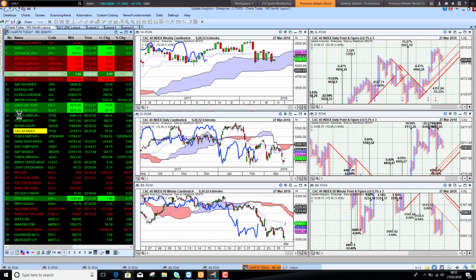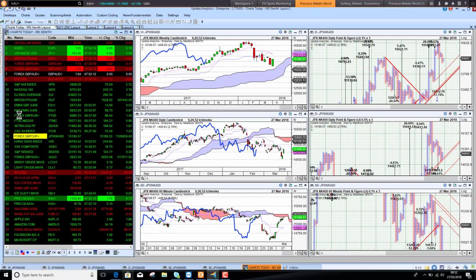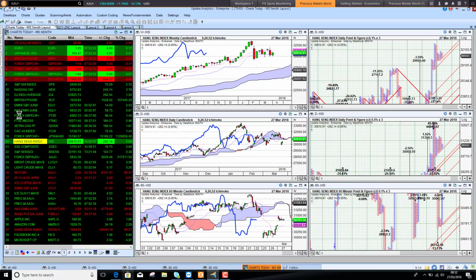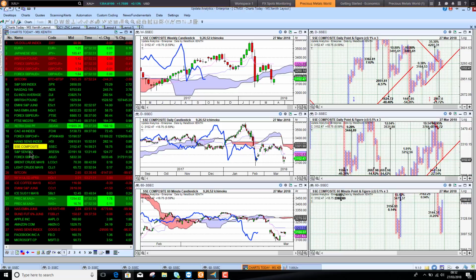Europe not looking anywhere near as strong as the US charts.